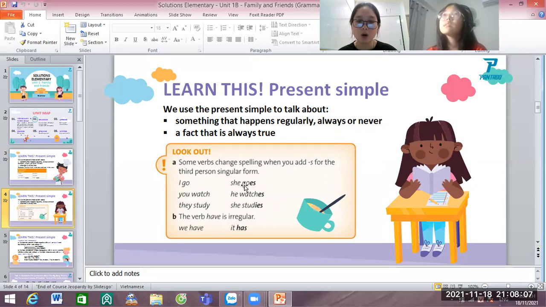For example, go becomes goes. Watch will be watches. Study will be studies. We just have some verbs, not all the verbs. We also have the verb have: I, we, you, they have is not changed, but he, she, it have will be turned into has. Okay, very good.